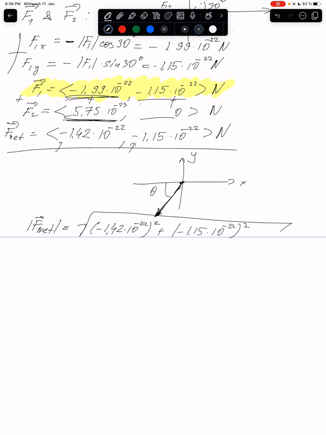Again, the minus sign doesn't play any role, because once I square it, it goes away. The result will be in newtons. Doing this calculation, squaring, adding, and then taking the square root, I obtain 1.83 times 10 to the negative 22 newtons.